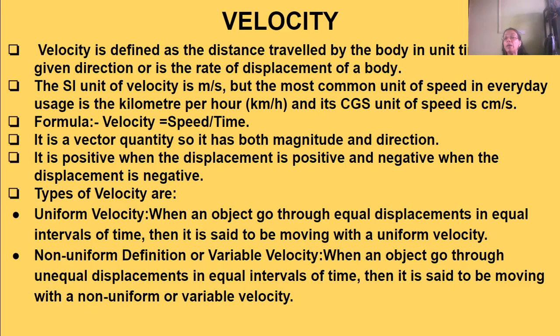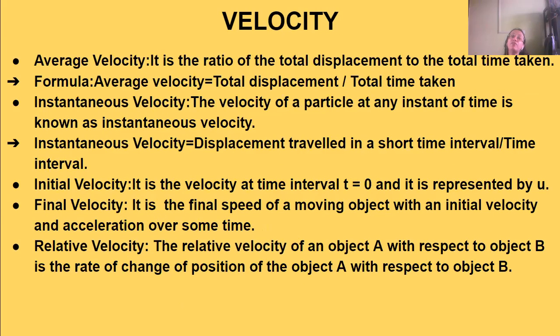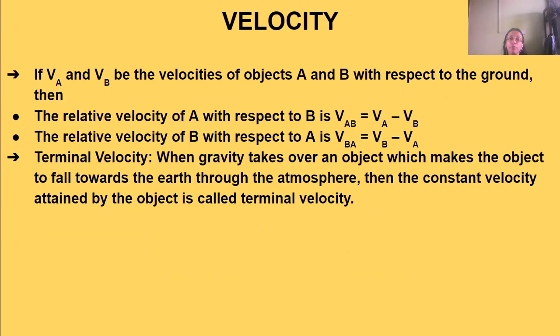Now we come to types of velocity. Here also, like speed, there are uniform velocity, non-uniform or variable velocity, then average velocity, instantaneous velocity, then initial and final velocity, then relative velocity.